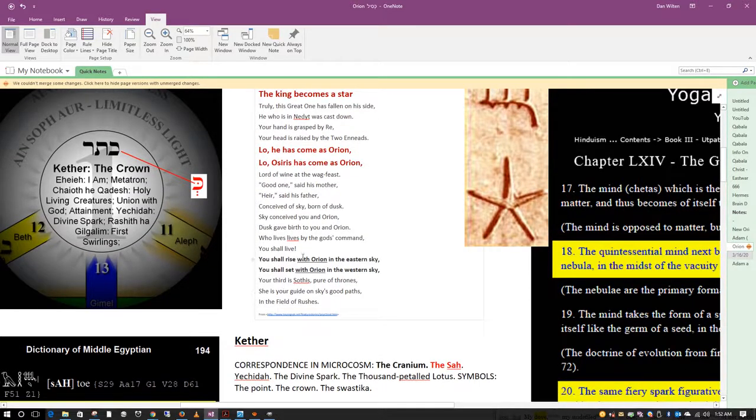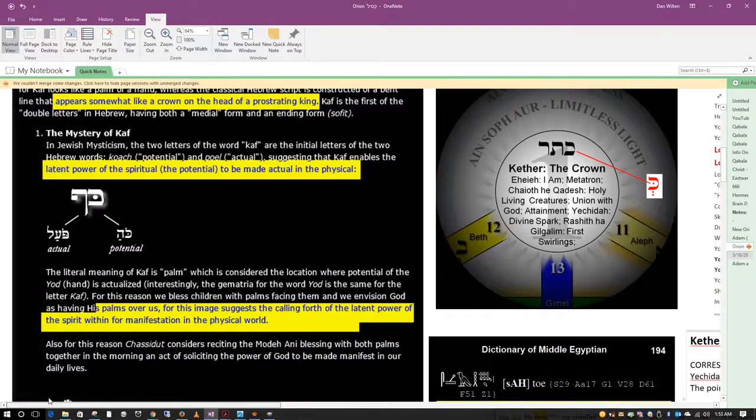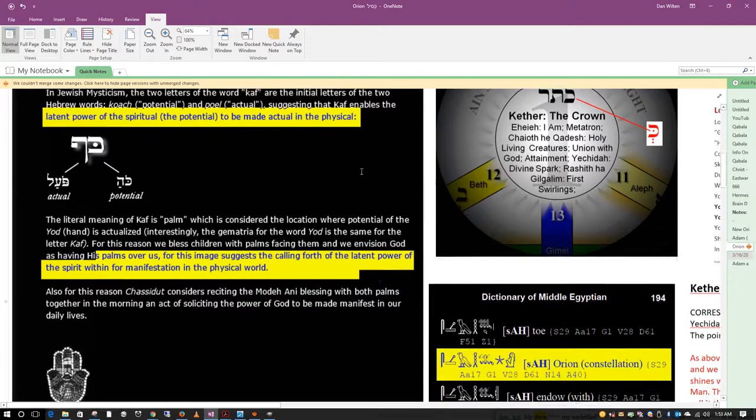And it says, you shall rise with Orion in the eastern sky. You shall set with Orion, because it travels with the 7 stars of Orion. It moves up into the sky with it. It moves down to the sky with it. And so once again, right here, it also represents palm.